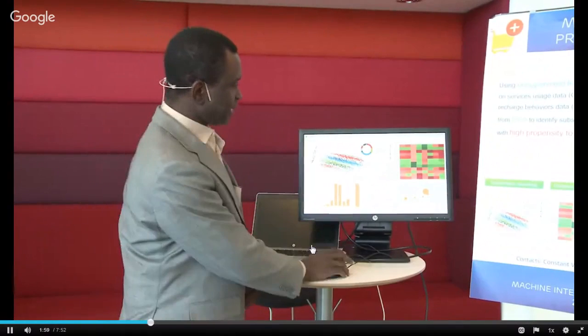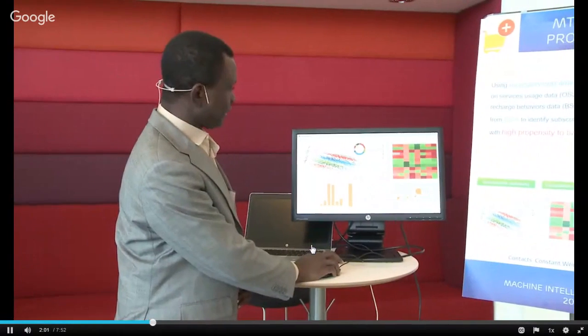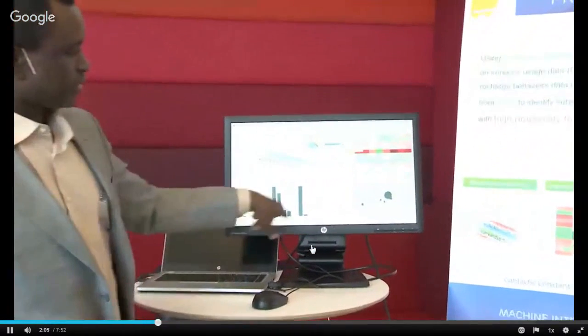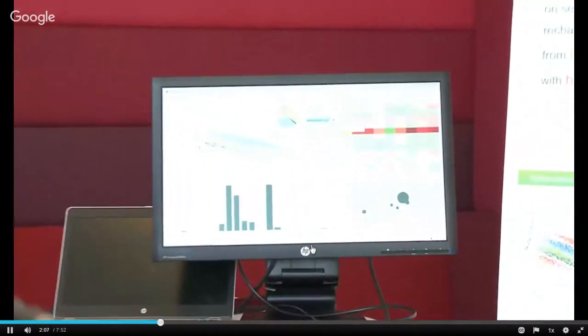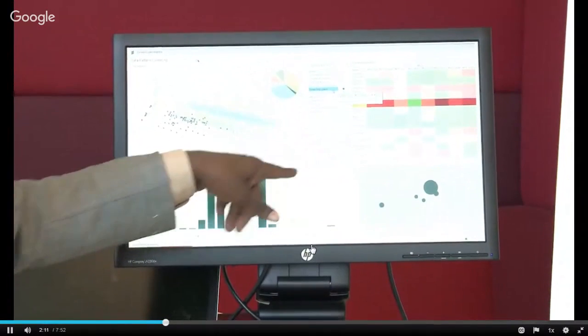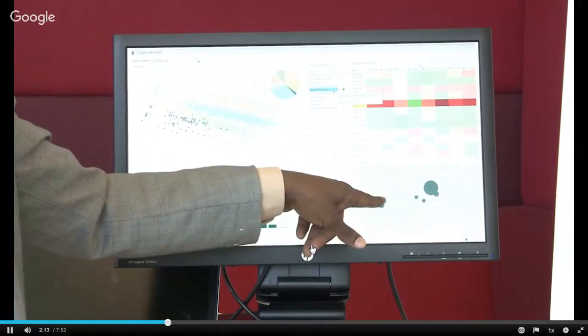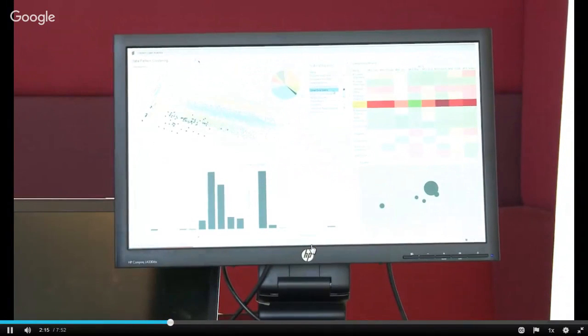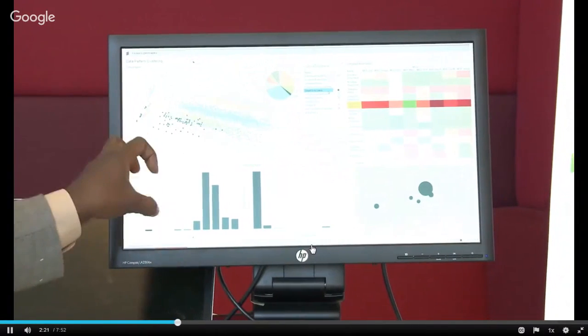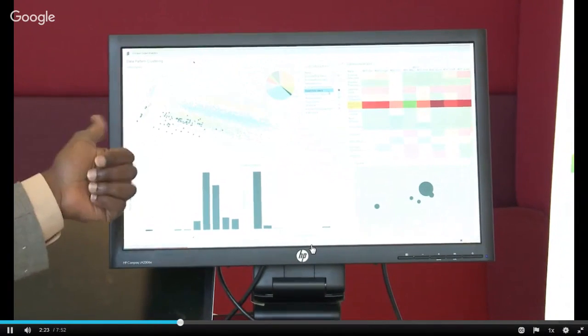Then we can select one particular group here, and on the bottom of the screen we see the main characteristics of this group, where they are located on the geographical map. We also see what quality of experience the users in this group have today.